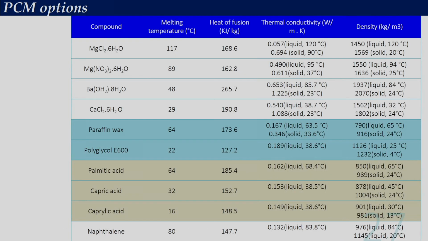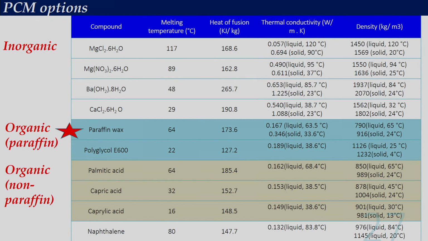There are also different compounds which are normally used for phase change applications. It is an exhaustive list, as you can see here. There are inorganic compounds, then organic paraffins which include paraffin wax and polyglycol E600.